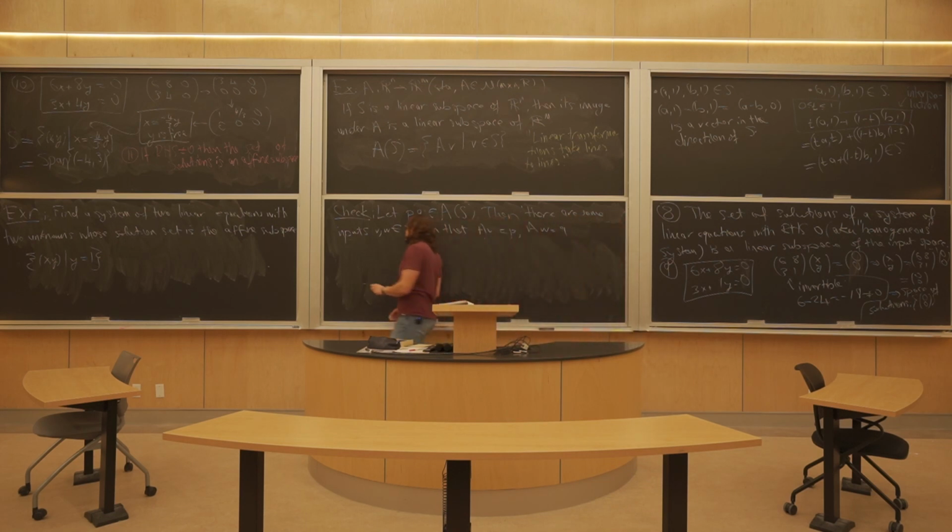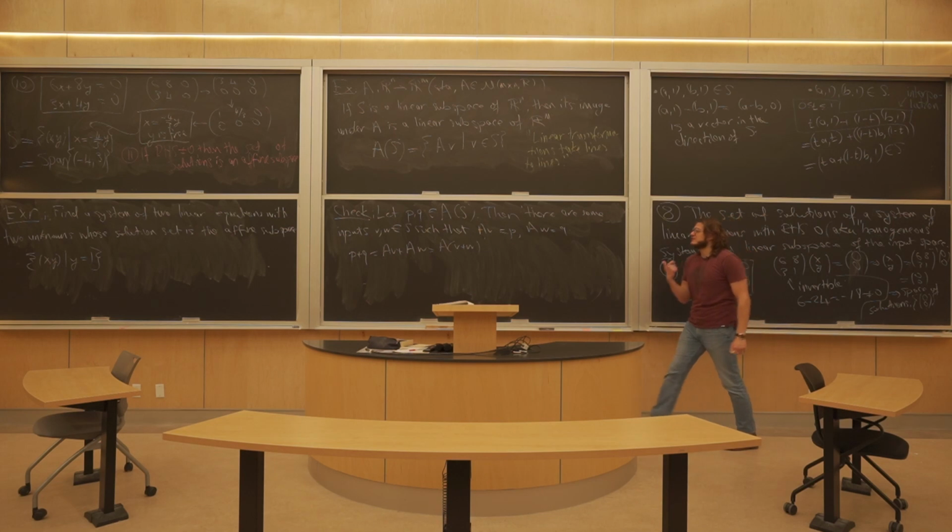But then P plus Q is AV plus AW, which is the same thing as A of V plus W. But then I know that V plus W is in S. It's an admissible input because S is a linear subspace. Okay?